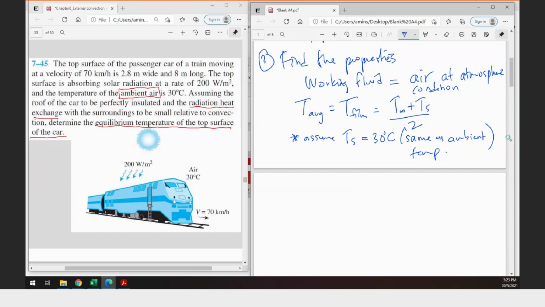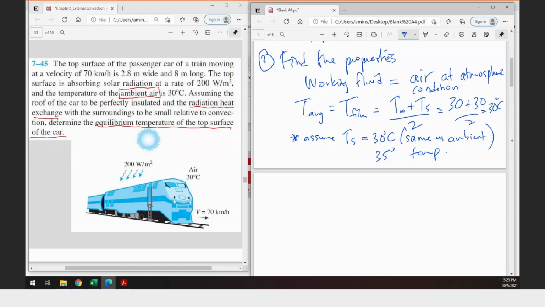Because I want to simplify my calculation. If I put 30, 30 plus 30 divided by 2 is 30. But if I choose 35, you will get a different number with some decimal points, then when you go to the table, you have to do some interpolation. You got what I mean?